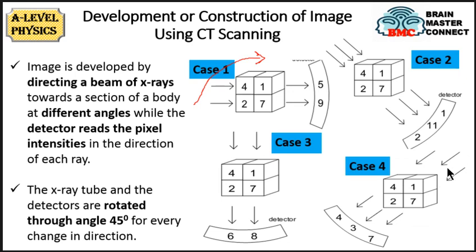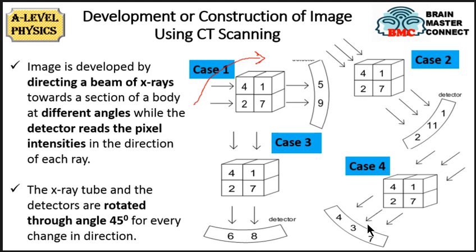I will have something like this when it moves for another 45 degrees, and in this case, this will feed this, this will feed this. So as this feeds this, it adds up this one, and the reading is taken by the detector.